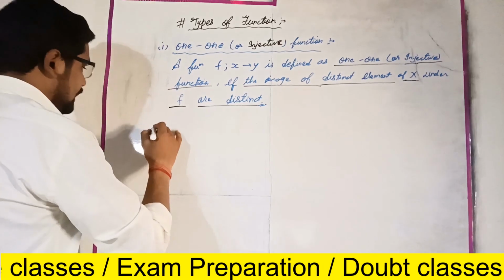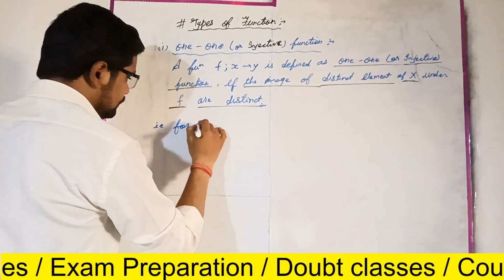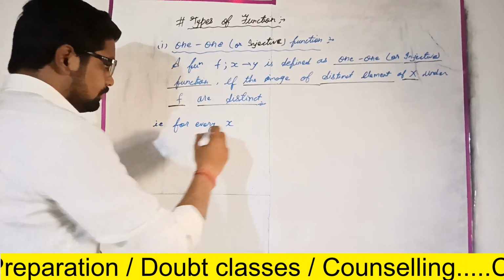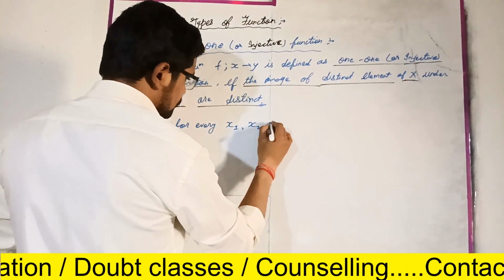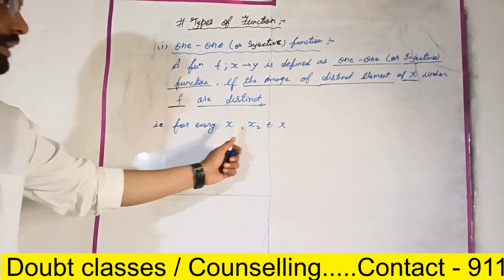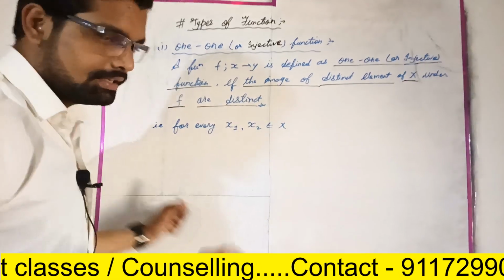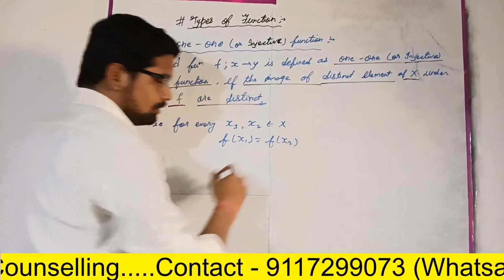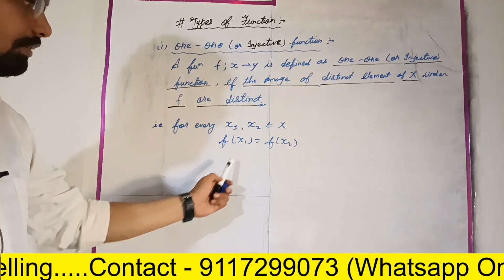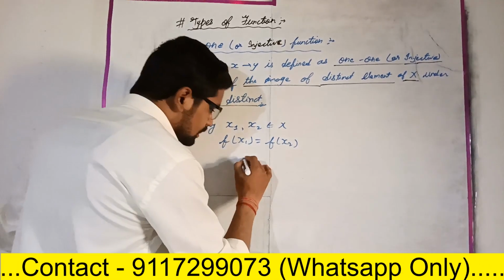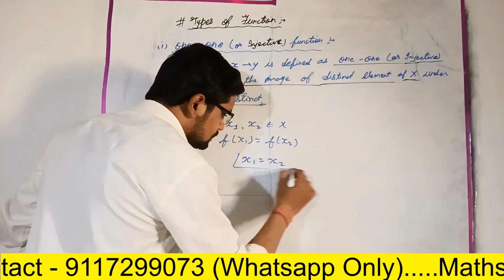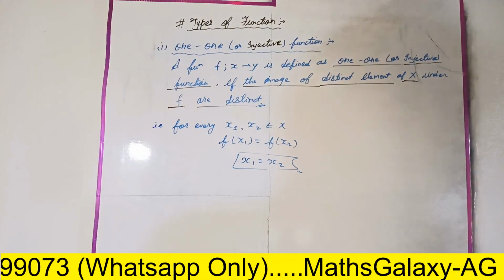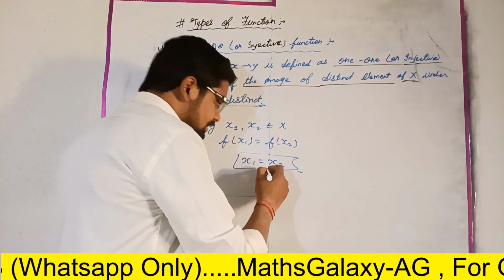So here we can say that for every x1, x2 belonging to X, where x1 and x2 are elements of the set X, if f of x1 equals f of x2, then x1 equals x2. This type of function will be known as one or injective function. Is it clear?